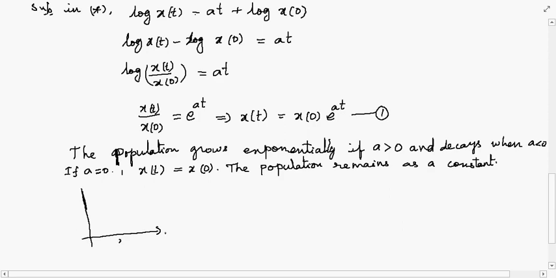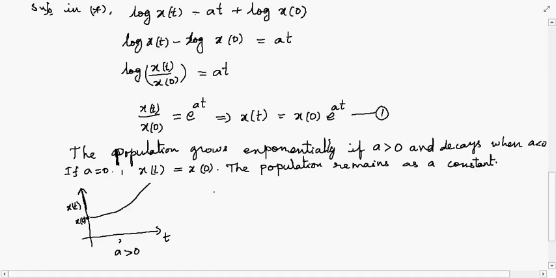In the x-axis I will take the time t, and in the y-axis I will take x of t. Suppose this is our initial population, x of 0. If a is greater than 0, then the population grows exponentially.